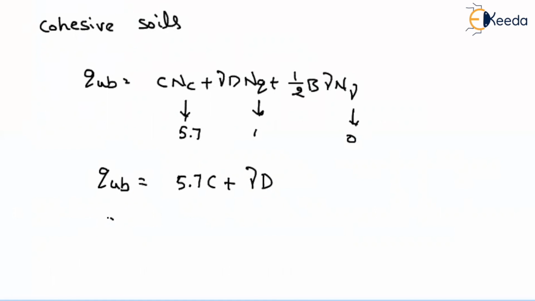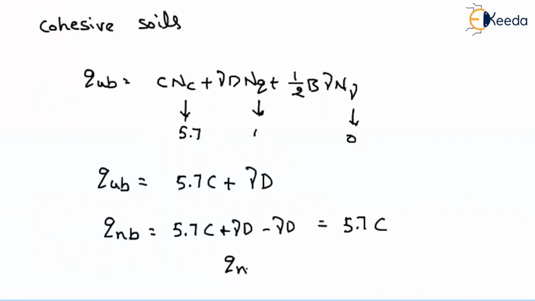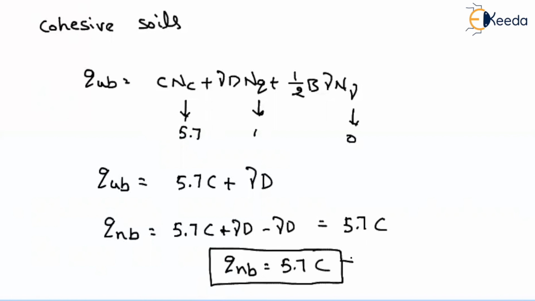Now, what about the net bearing capacity? That can be written as 5.7 c plus gamma D minus gamma D. That will come as how much? 5.7 c. So the net ultimate bearing capacity will be equal to 5.7 c. If you see in this equation, is there any term of weight density? No, right?